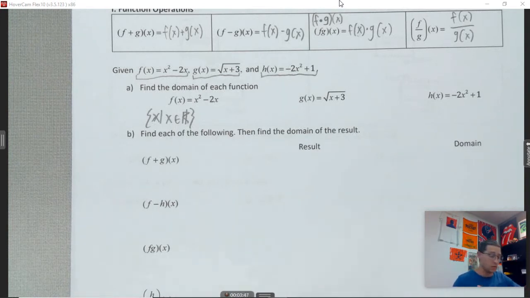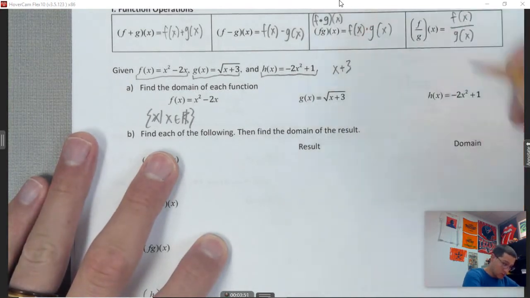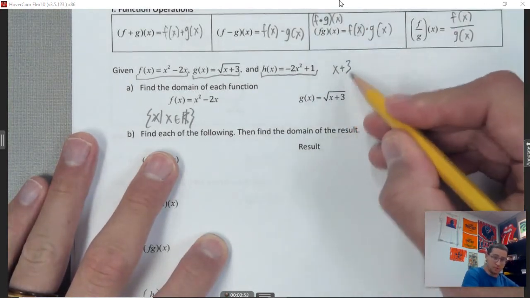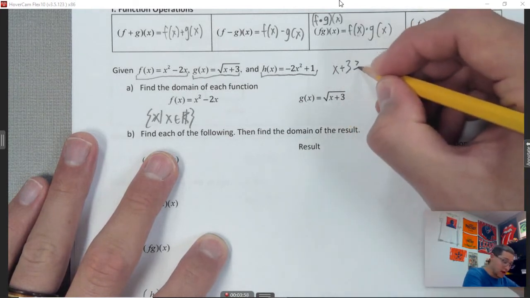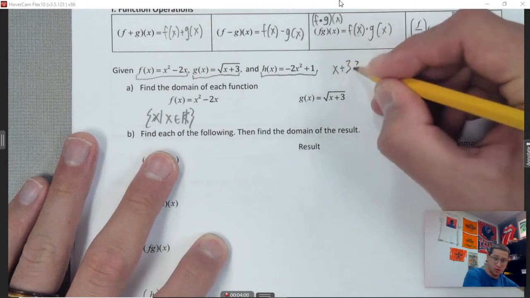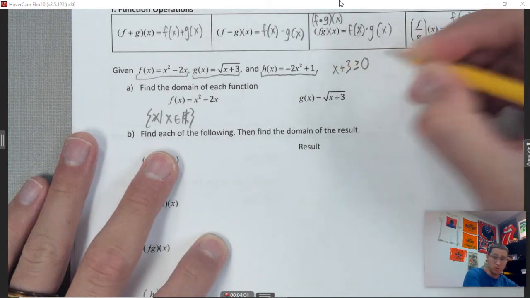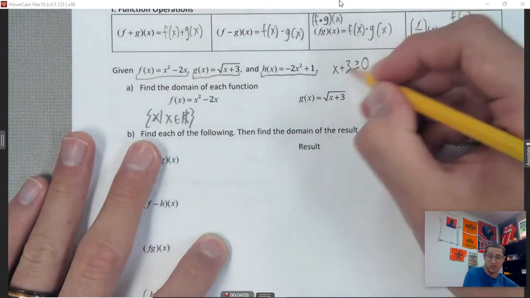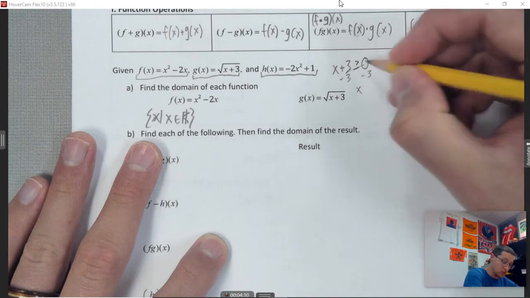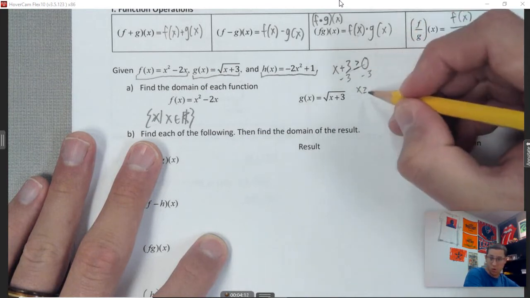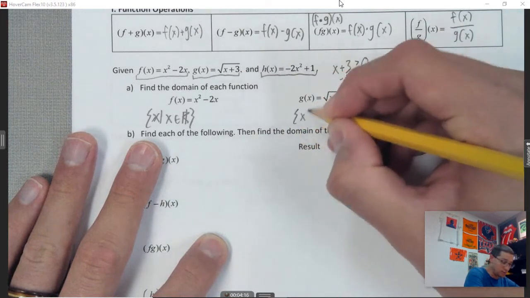Probably the best way to think about this is, what values of x plus 3 inside the square root will give me a value greater than or equal to 0, because that would be acceptable. So this is actually going to be your domain. You subtract 3, so x is greater than or equal to negative 3. That's your domain here.